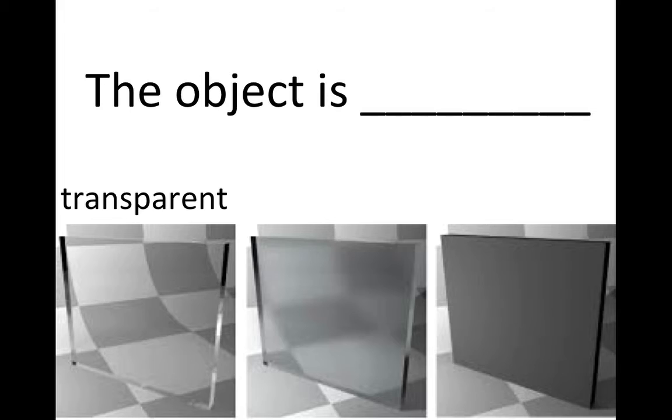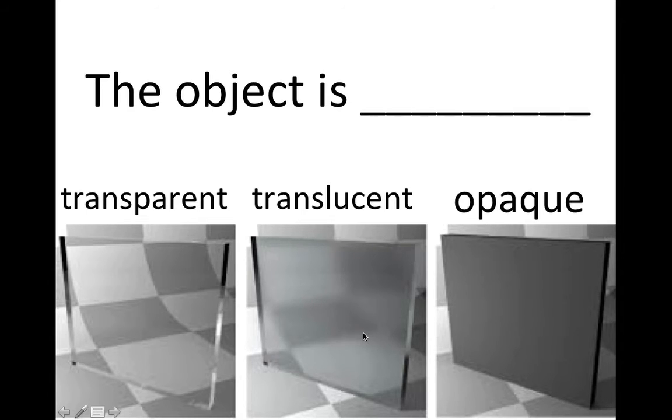Transparent. We can see through clearly. Translucent. Some light goes through the object. And opaque. No light goes through the object.